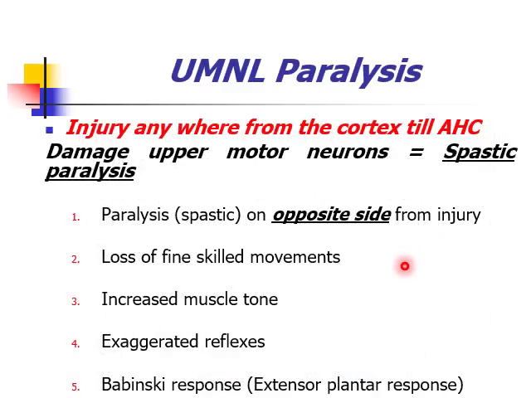An upper motor neuron type of lesion, affecting anywhere in the central nervous system from the cortex to the anterior horn cell, results in what we call a spastic paralysis. So what are the characteristics of spastic paralysis? This paralysis is spastic, meaning that the person is rigid, not flaccid.